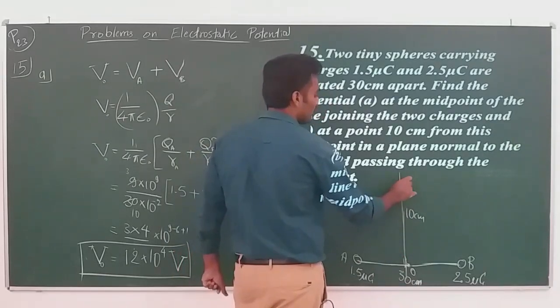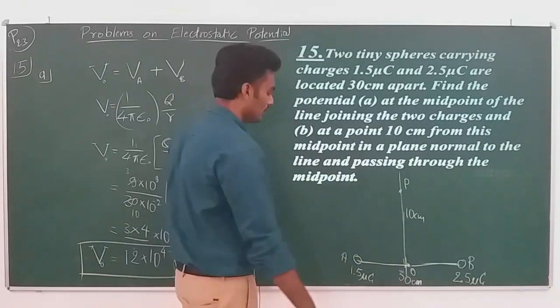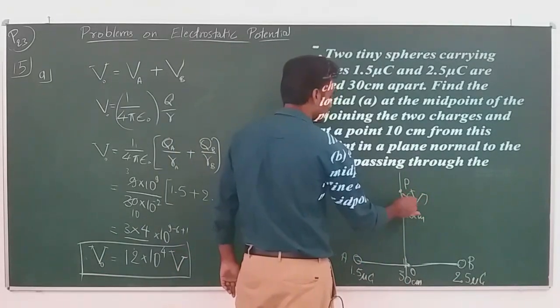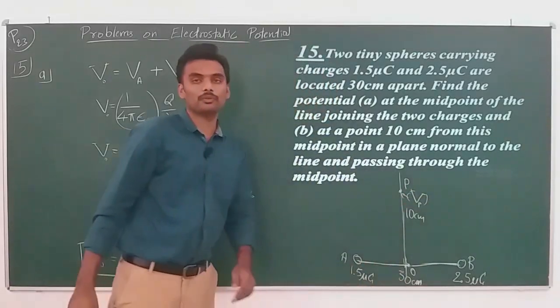Let me call this point P now, and we need to find the total potential at this point P, which we can consider as Vp.